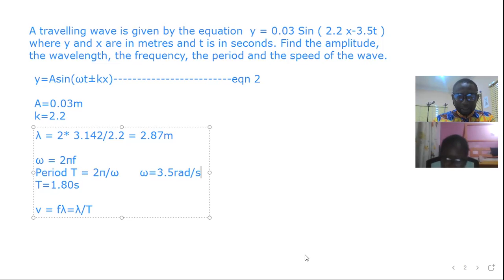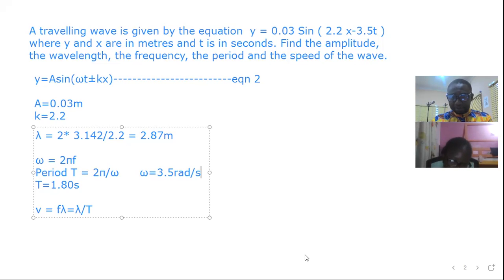Go back to the formula for when we talked about, okay, let's go back. Let's check. V, I gave you the wave velocity is equal to distance over time, isn't it?